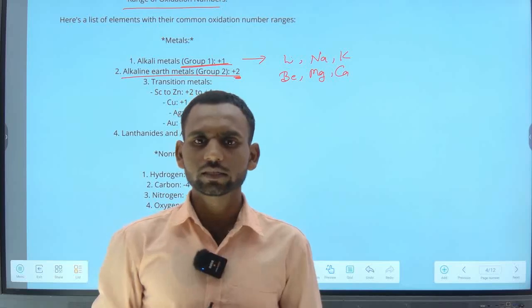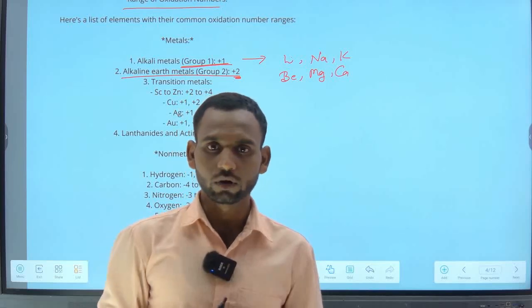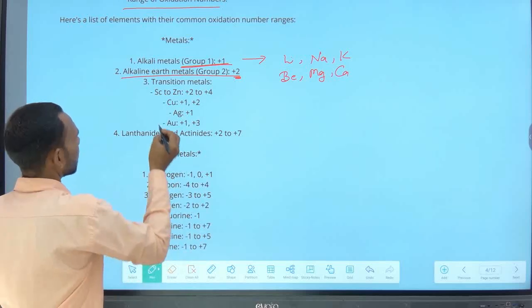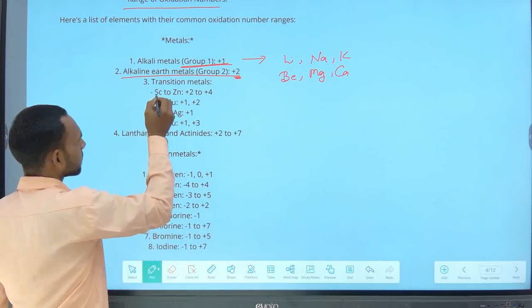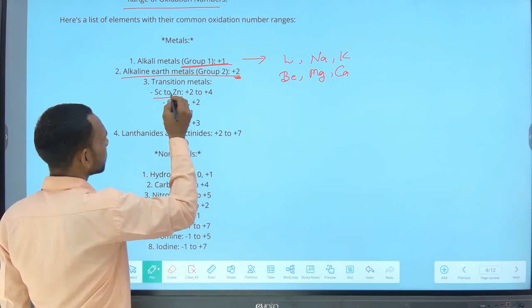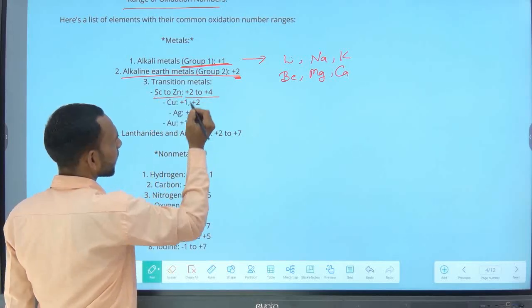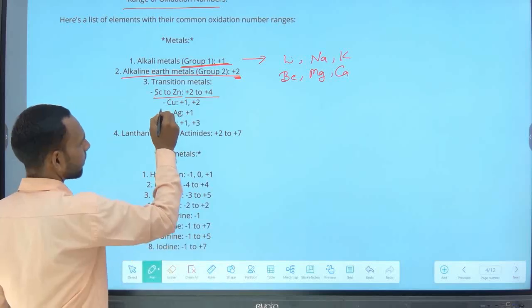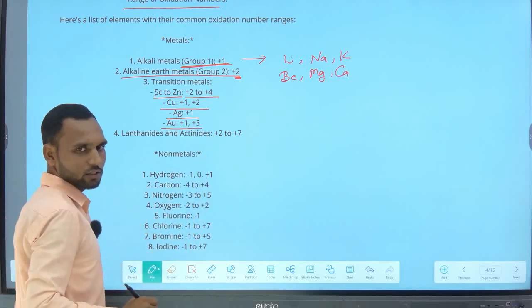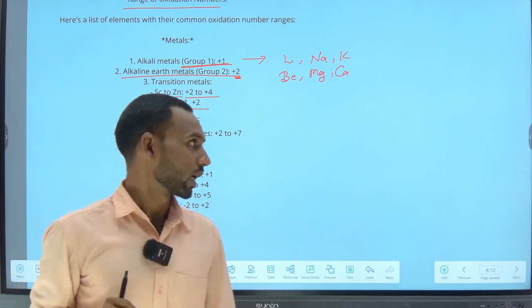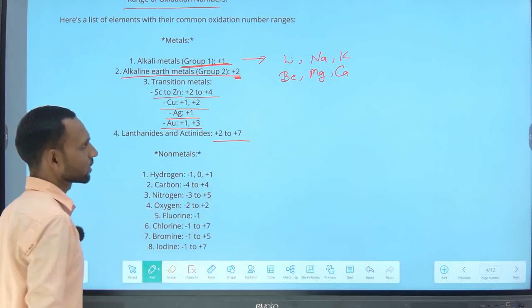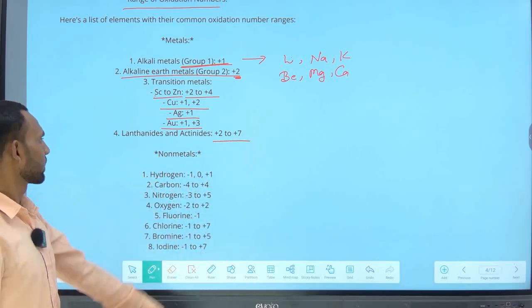And the transition elements in the d block have different oxidation states. In the first d block series, the 3d series, scandium to zinc, +2 to +4 oxidation states. Copper has +1 and +2, silver +1, gold +1 and +3, two types of oxidation state. The lanthanide and actinide series, +2 to +7.